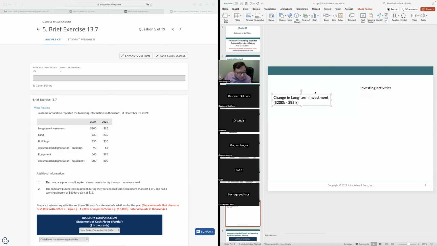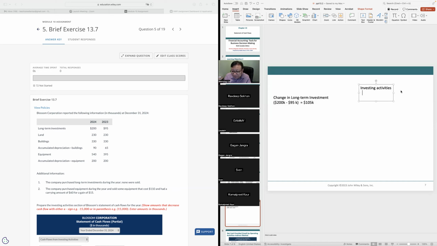So the company purchased, bullet point number 1, the long-term investment during the year. None was sold, right? So they have all the existing investment, but they have addition. What is the addition? The addition is the difference. That's 105K. So basically, they have a new investment of 105,000.